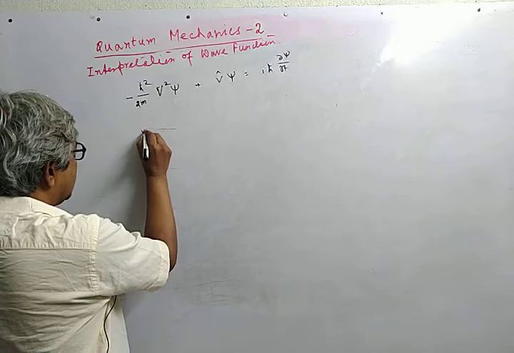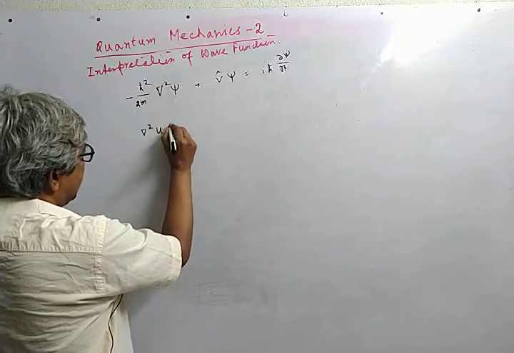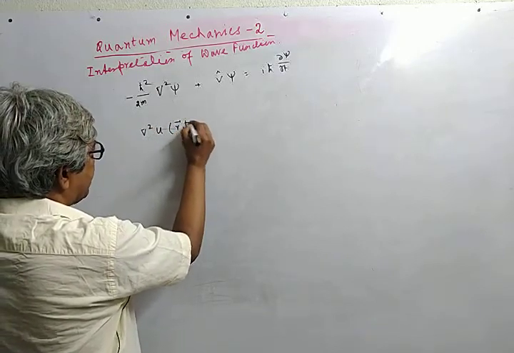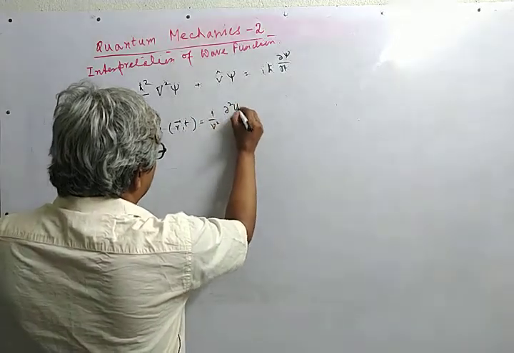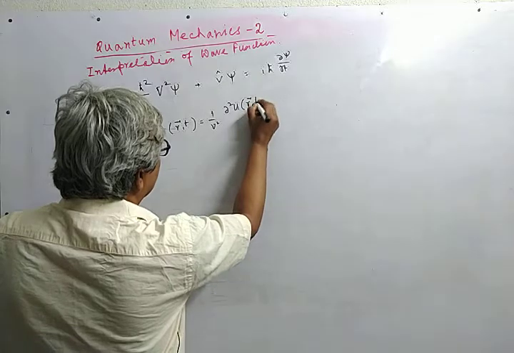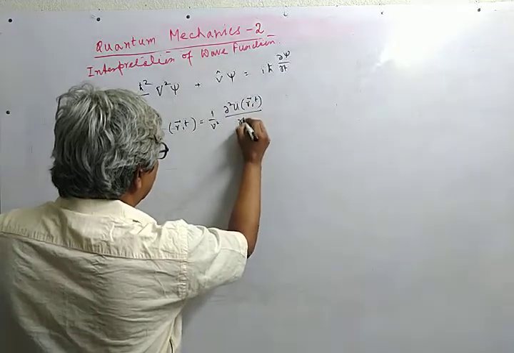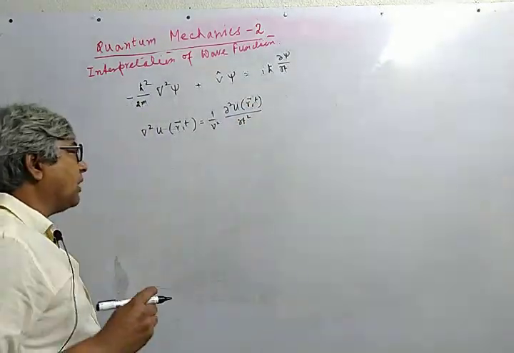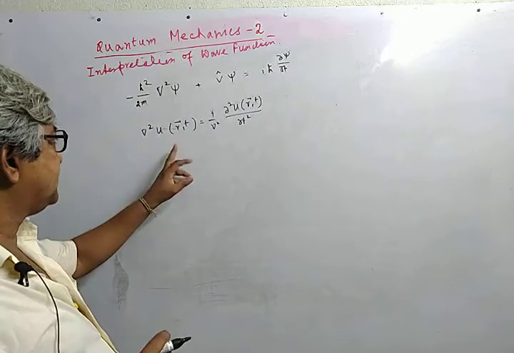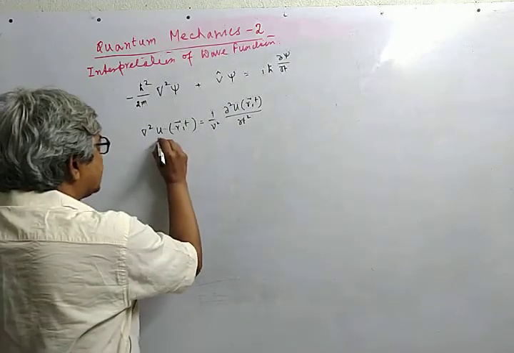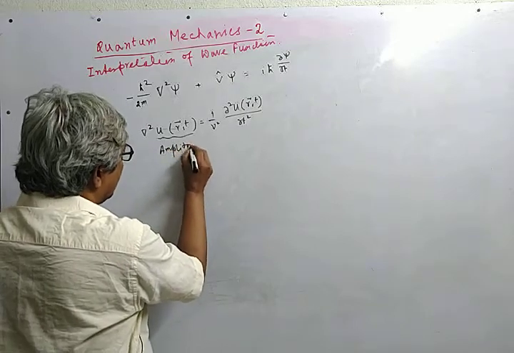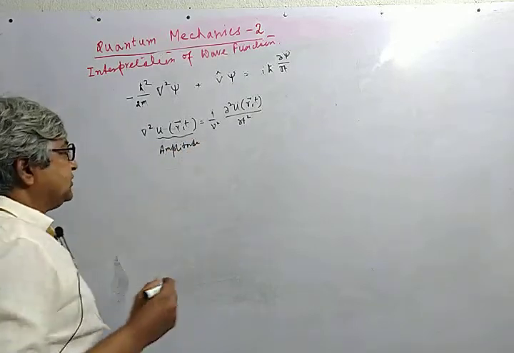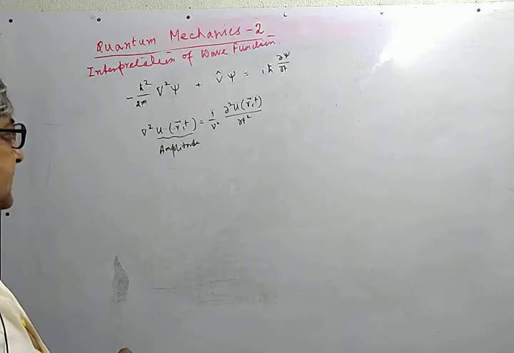We know the elastic wave satisfies this equation, where v is the velocity of wave propagation and u is known as the amplitude of the wave, which is a real quantity.